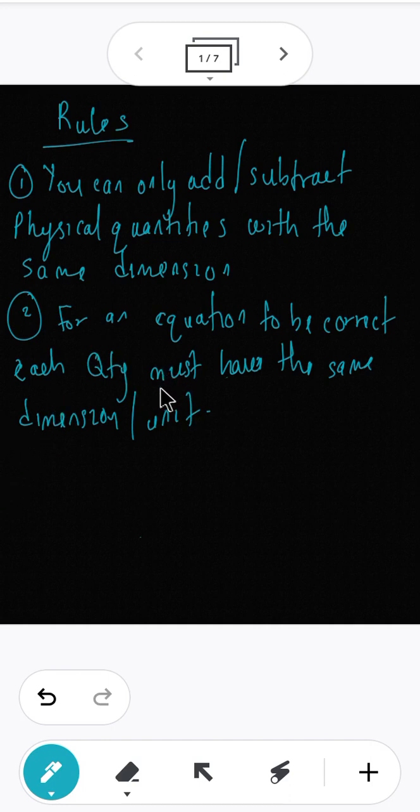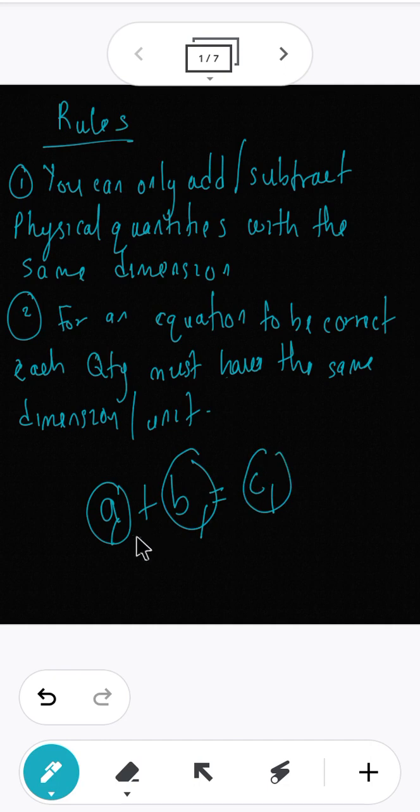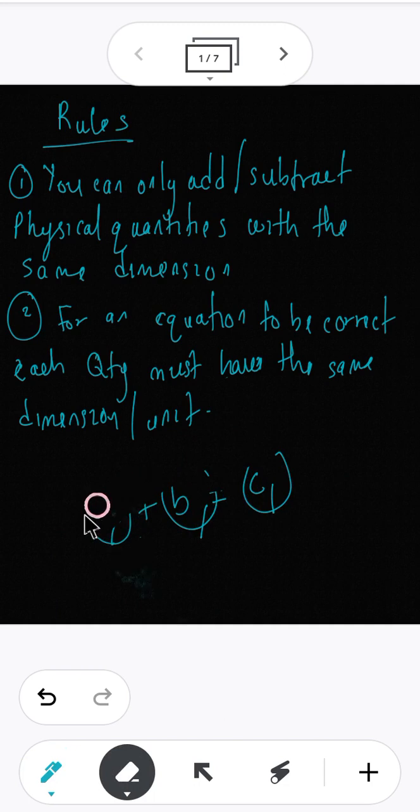Remember we said the first application is to check the correctness of an equation. So if you have a relation like this, for it to be correct, each of the quantities must have the same dimension. What we are going to do is check the dimension of this, of this, and of this. If the three have the same dimension, then the equation is correct. If they don't have the same dimension, the equation is wrong.